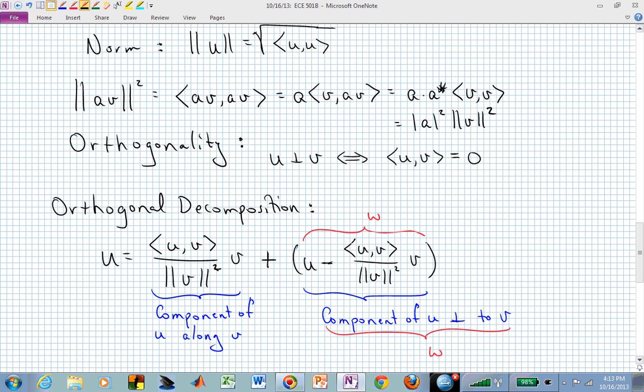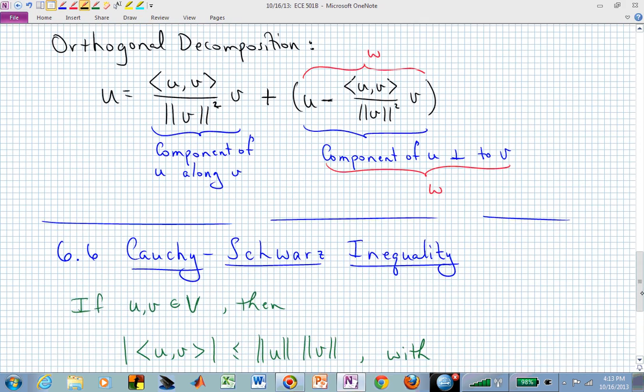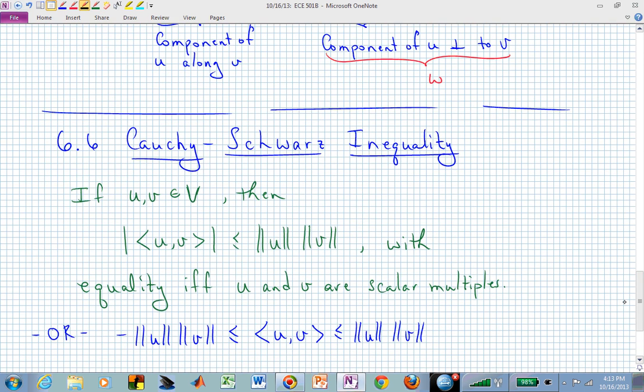But that's the component of u that's perpendicular to v, is another way of thinking of it. Questions on that? That gets us now to CSI, Cauchy-Schwarz inequality. And I think we stated this last time before we left.